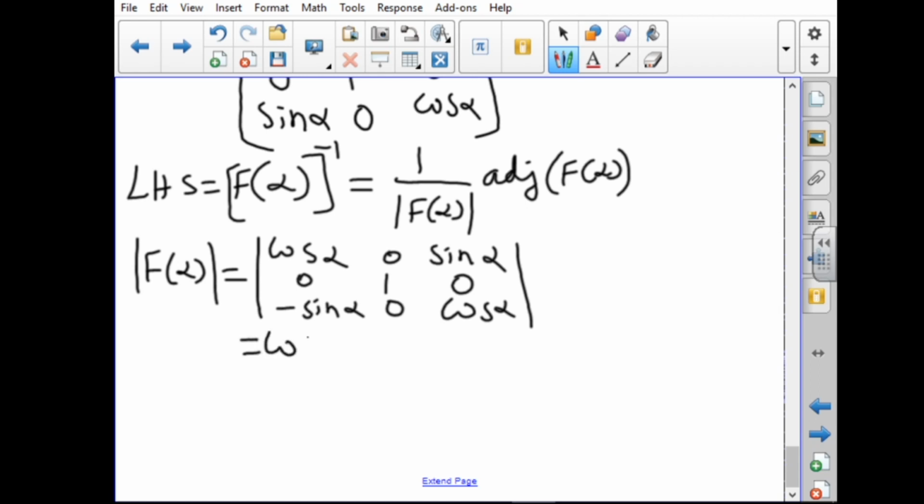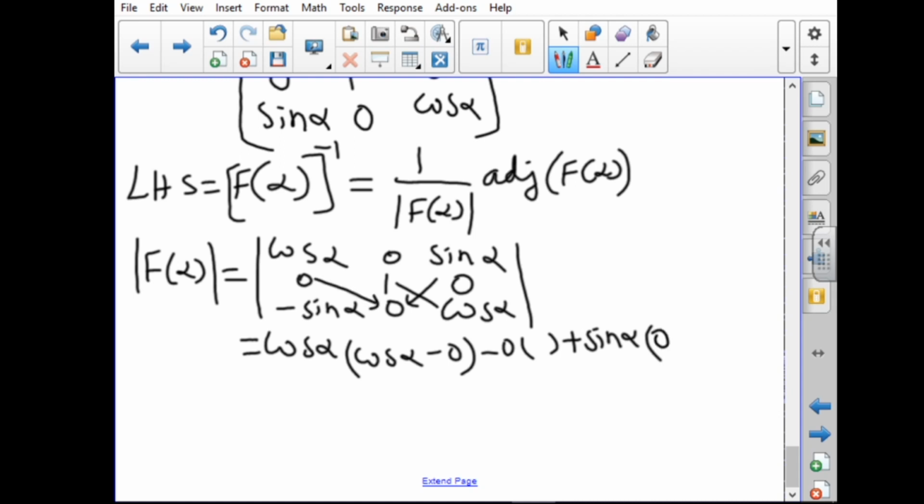So cos alpha into cos alpha minus 0, and here we have minus 0 into something, so you get 0, then plus sin alpha into, leaving this column and this row, 0 into 0 minus 1 times minus sin alpha, so plus sin alpha.